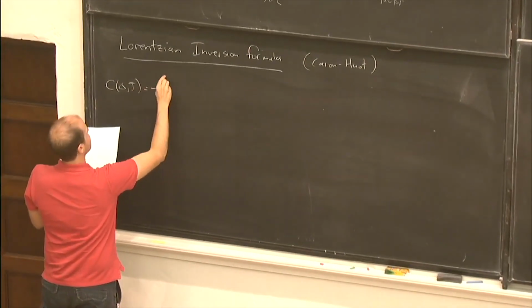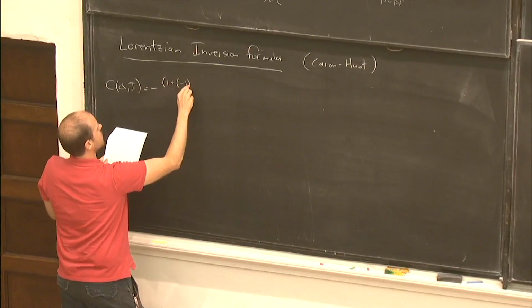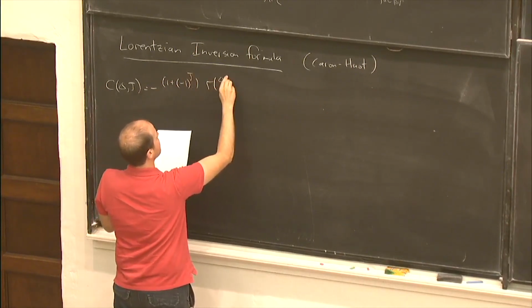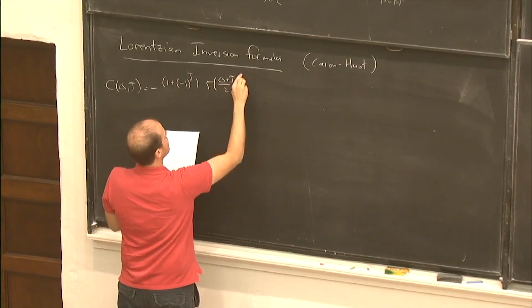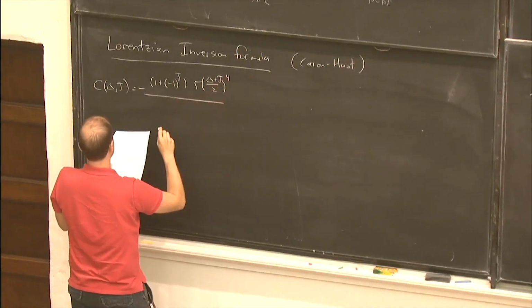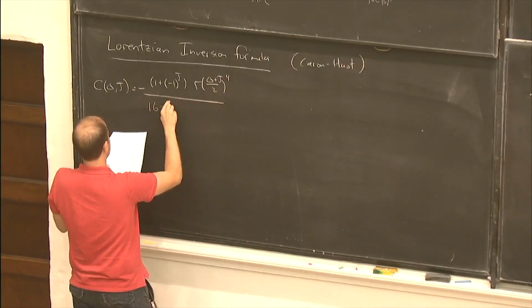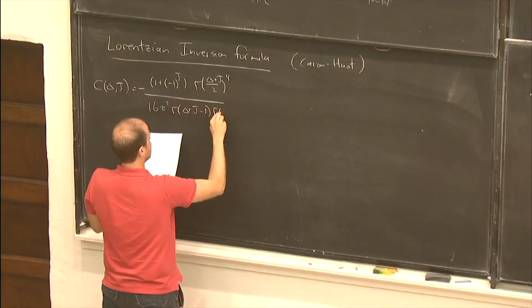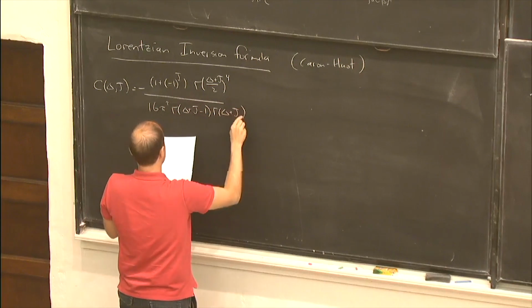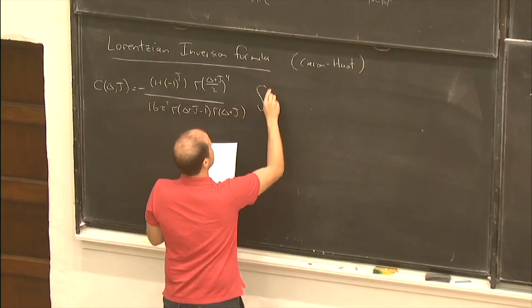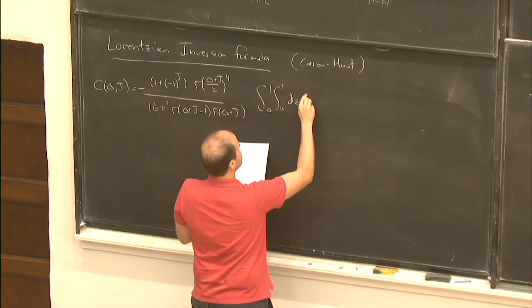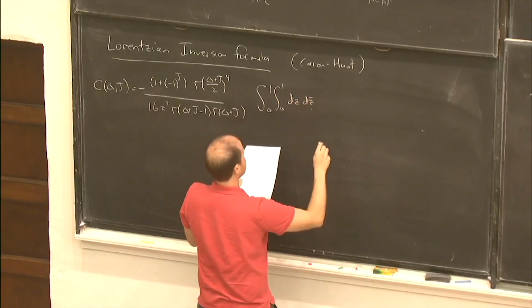In the particular case we're interested in, of identical scalars, it says that C of delta J is equal to some prefactor times an integral over a Lorentzian region that I'll describe in a moment.